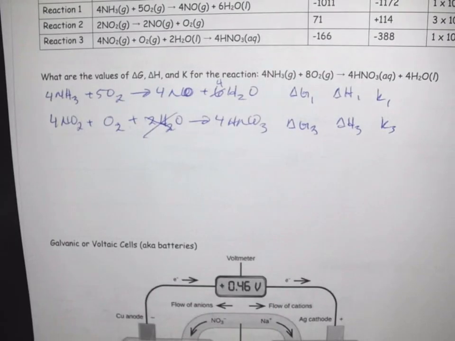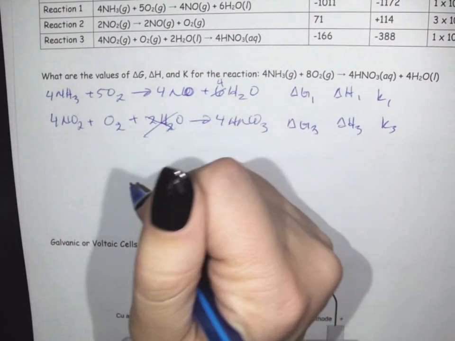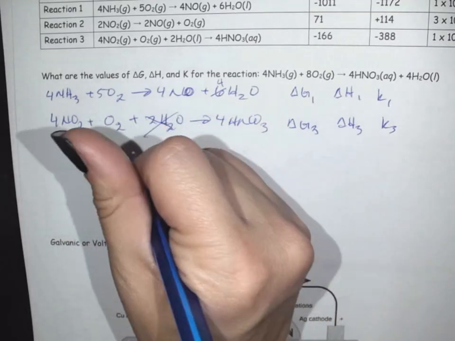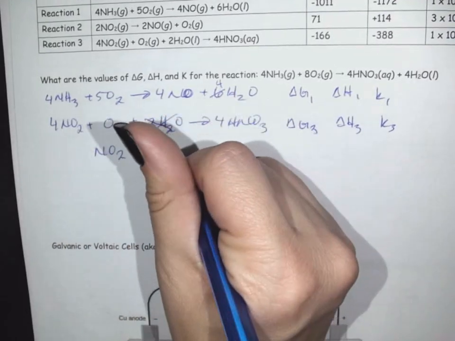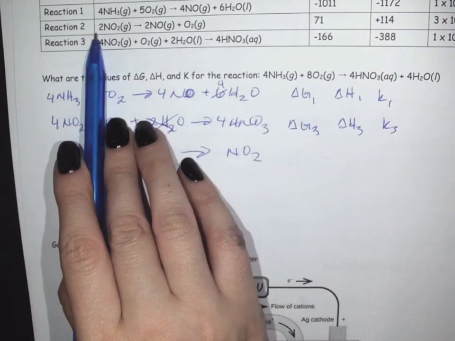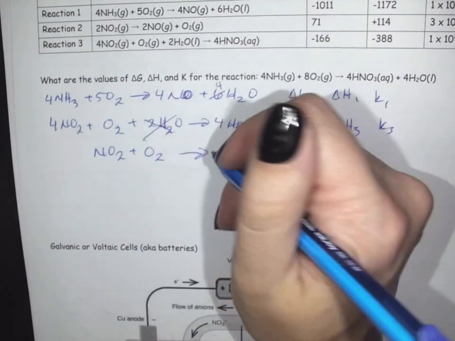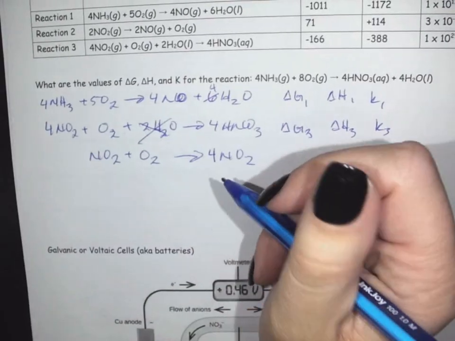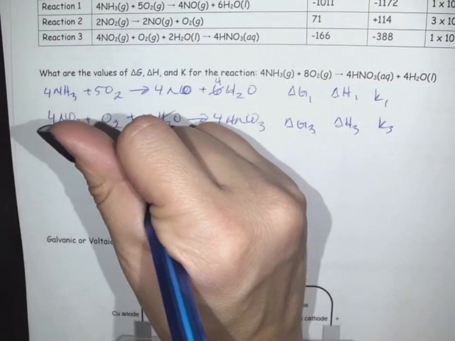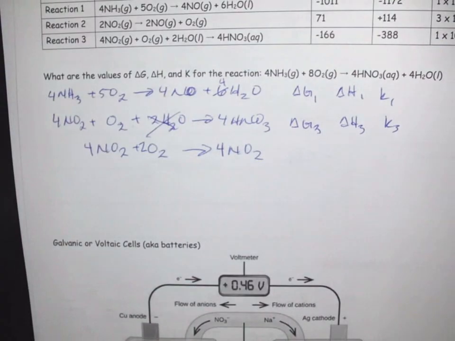So let's start by flipping this reaction. We have NO plus O2 turns into NO2. Now this guy had a coefficient of 2, but I'm going to double it. This one had a coefficient of 2, but I'm going to double it. This had a coefficient of 1, but I'm going to double that.